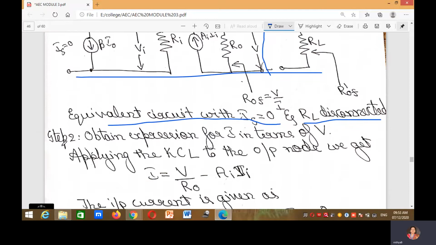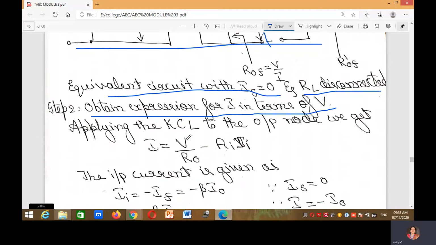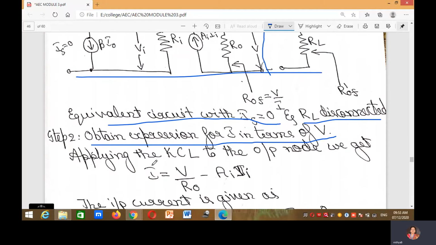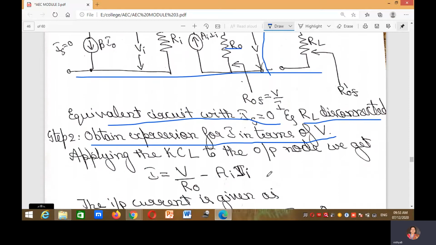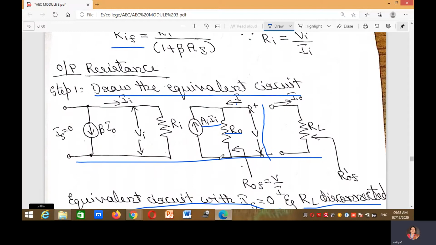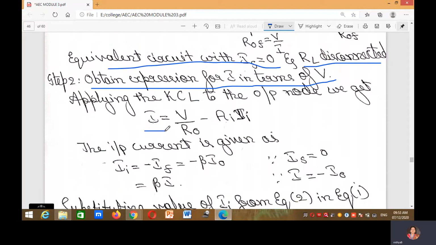Step 2: obtain the expression for I in terms of V. Applying KCL to the output node, we get that I is equal to V divided by R naught minus AI into II.